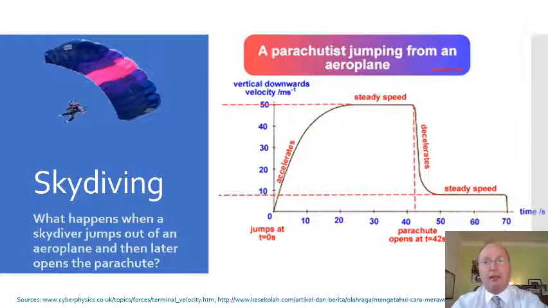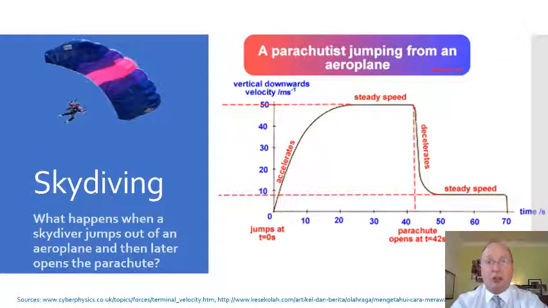the parachute. Well, that happens just after about 42 seconds, and you can see the parachute opens, causing a deceleration. It's quite a sudden deceleration. But please note also that the parachute continues to fall towards the Earth at a steady speed.